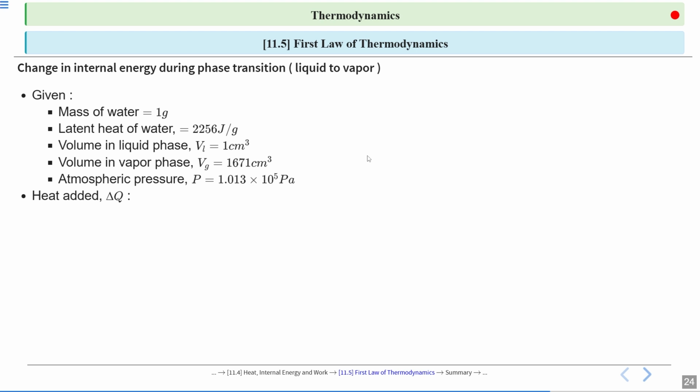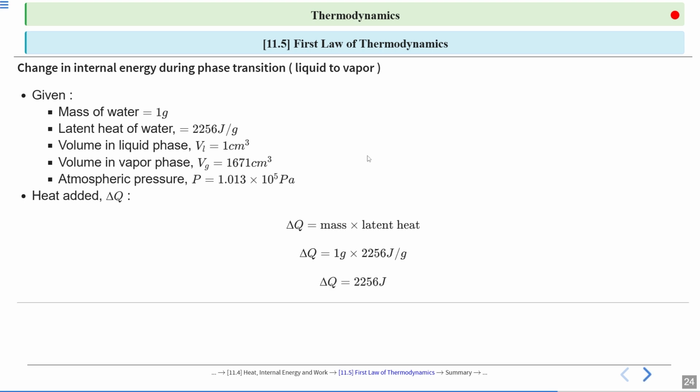Heat added delta Q we will calculate by the formula mass into latent heat. So delta Q is equal to 1 gram into 2256 joule per gram, so it will be 2256 joule.